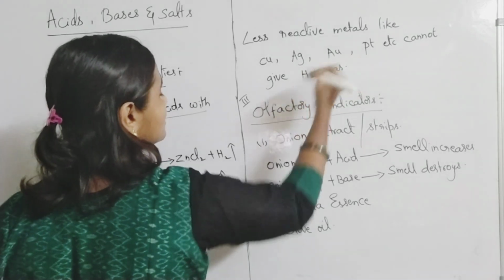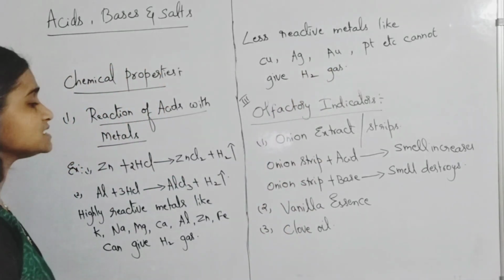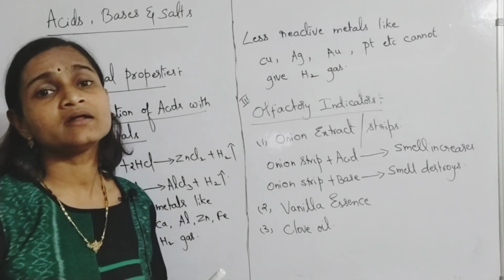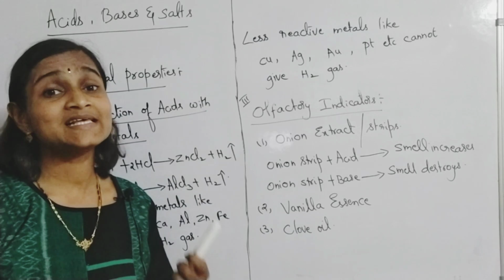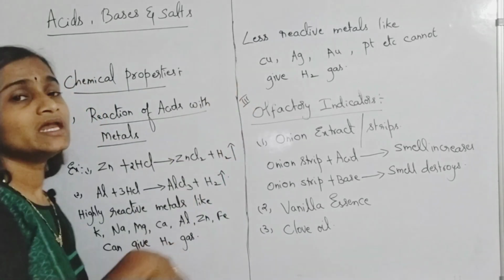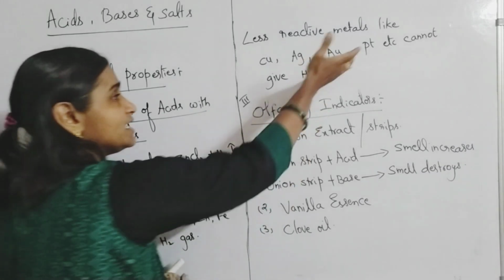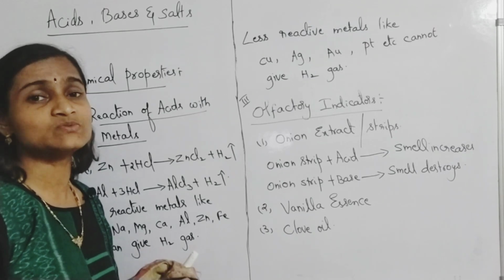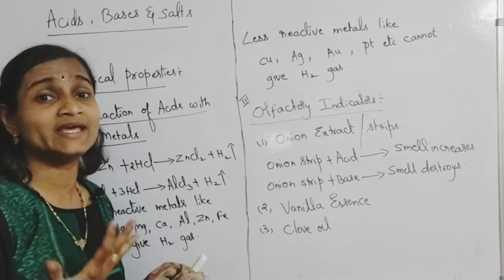Please remember this point. If you take Cu plus HCl, hydrogen gas may be liberated, but only a very small amount, because copper is a very unreactive metal. Even platinum and gold are very less reactive metals. That's why we call them noble metals. They generally don't react.